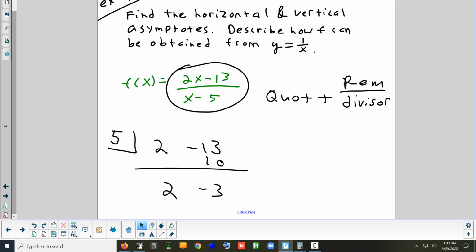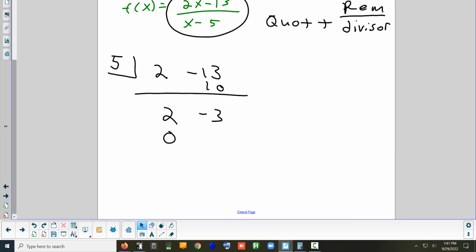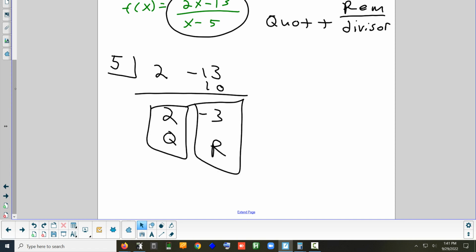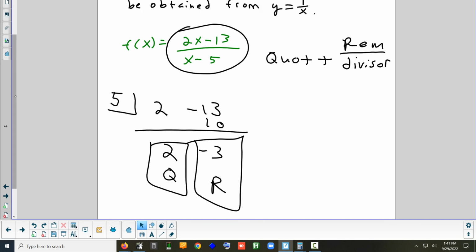Negative 3. So now, here's your quotient. Here's your remainder. Let's think about writing our answer like I have in black. So f of x would turn into quotient plus remainder over my original divisor.